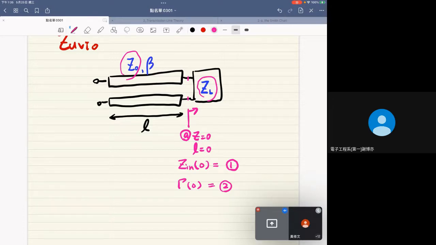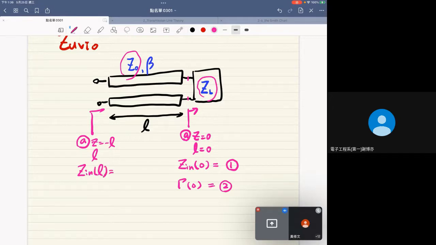I want more. When at the position z equals minus L, or you can say this is a position L, the length of the transmission line L. At this point, what is the input impedance?